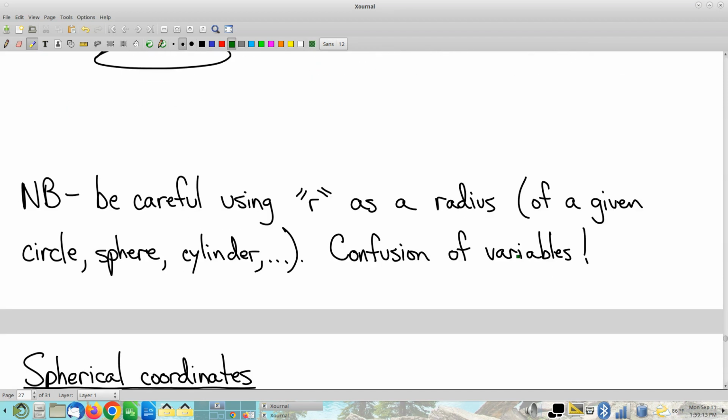A couple of little details here. You do have to be careful with your choice of variables when you're describing things, labels that you put on things. You just got to keep in mind going forward that r is now a coordinate, and dibs has been called. R is not up for grabs anymore to be the arbitrary name that you choose to represent the radius of whatever round thing is in the picture.